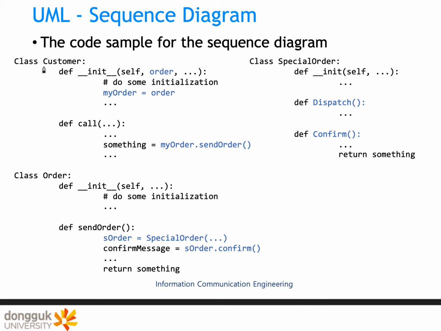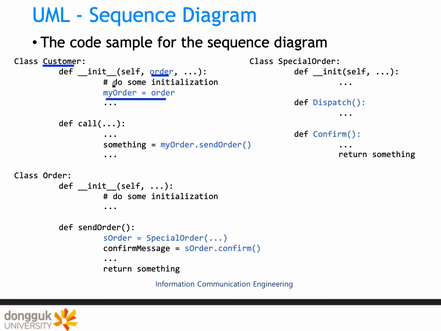In customer, there's an initialization, and you have to initialize a new order class. Here is the order, and this order is given as a parameter, so my order is instantiated.